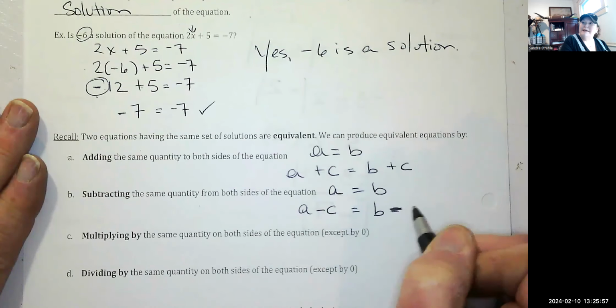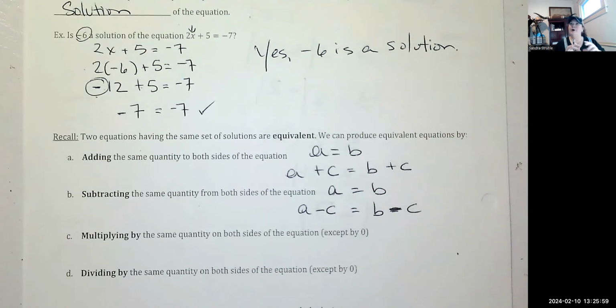If we add the same number to both sides, it still is going to be equal values. The same thing if we subtract the same number from both sides, it still maintains equality.